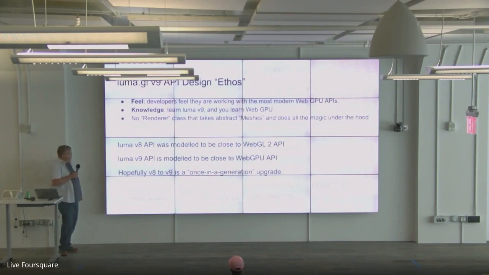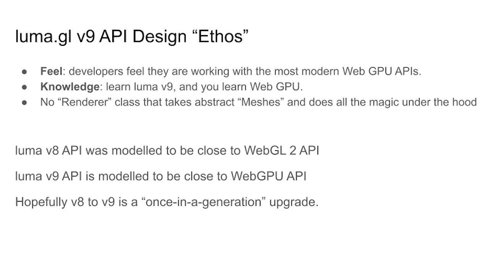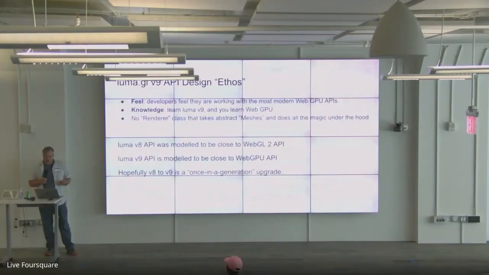All right, so luma.gl is a little bit different than other WebGL or WebGPU libraries, thinking about maybe three.js, Babylon.js, which focus more on the game programming model for 3D rather than the visualization model.